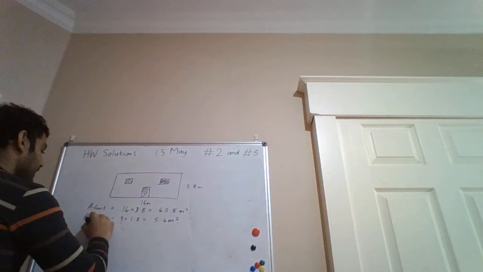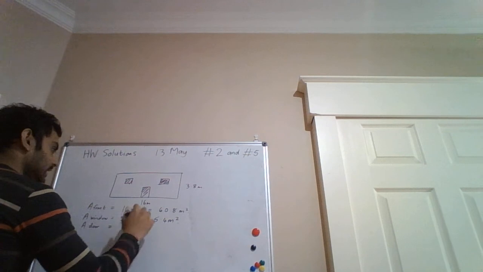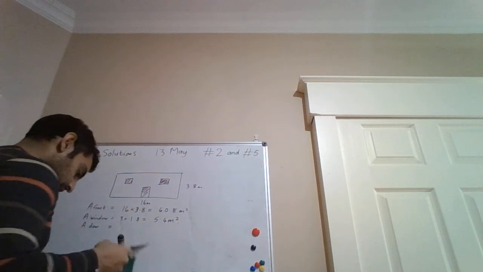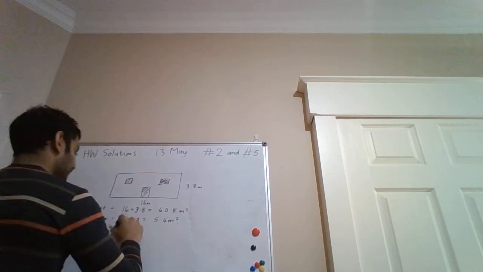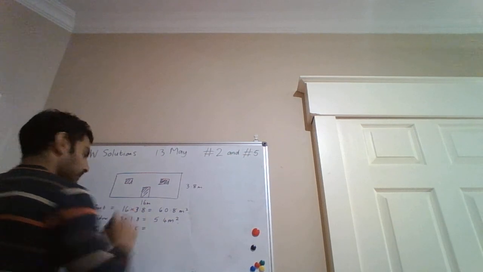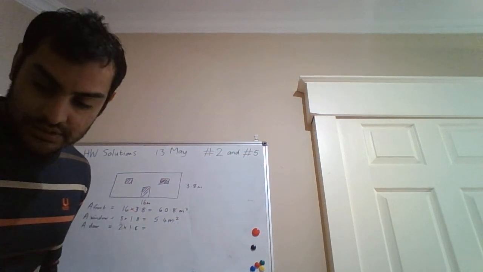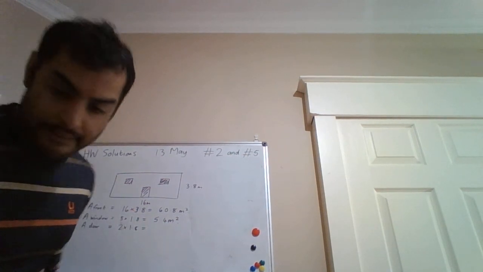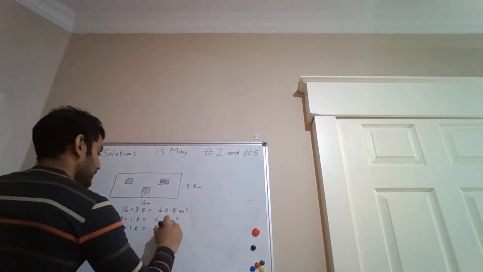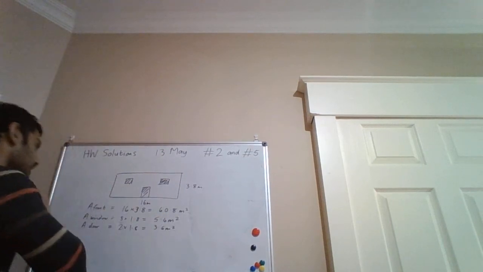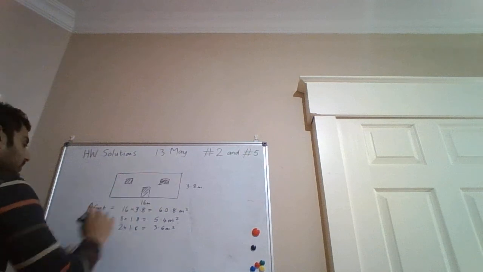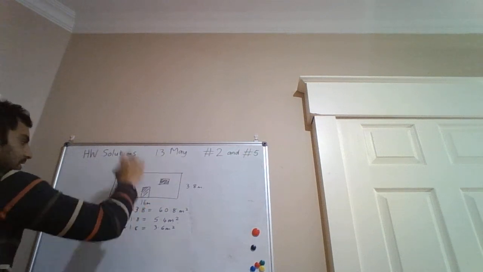Then the area of a door is 2 times 1.8. Should be 3.6 meters squared.